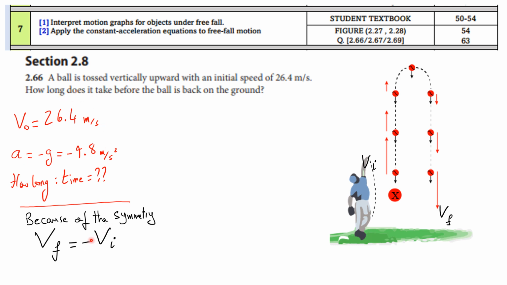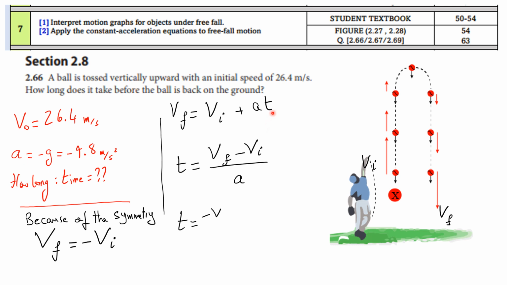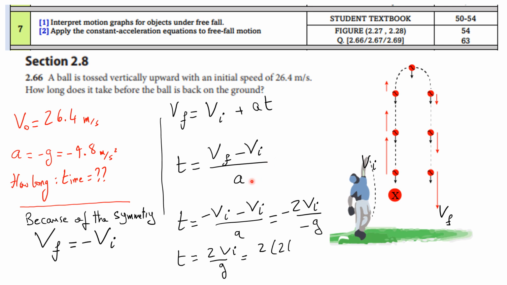Now remember, we are asked about the time. We know the initial velocity, we know the final velocity, and we know the acceleration. So the equation we can use is Vf equals Vi plus At. I'm interested in time, so I arrange the equation this way: t equals Vf minus Vi over the acceleration. Remember Vf is equal to minus Vi.